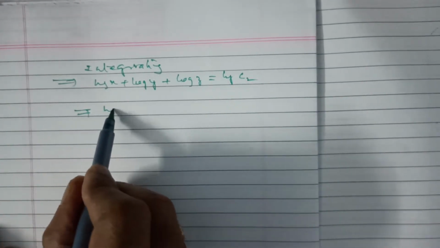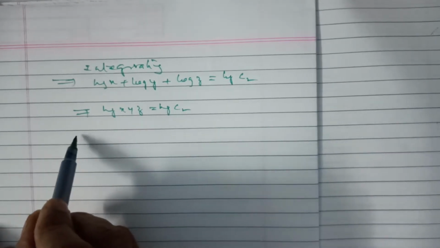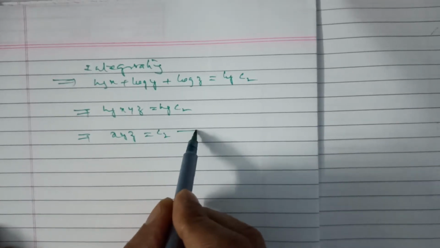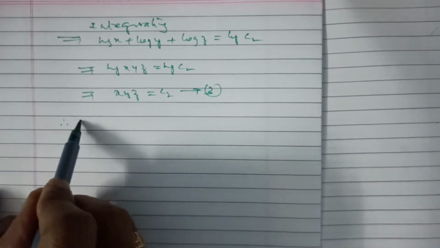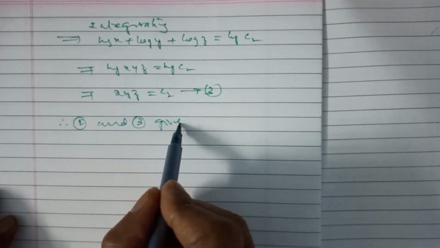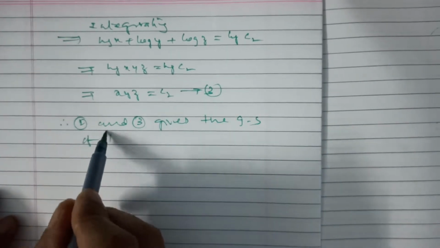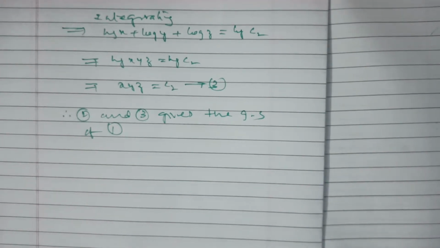This implies log xyz is equal to log c2. Eliminating log on both sides, xyz is equal to c2. Take this as equation 3. Therefore 2 and 3 give the general solution of 1.